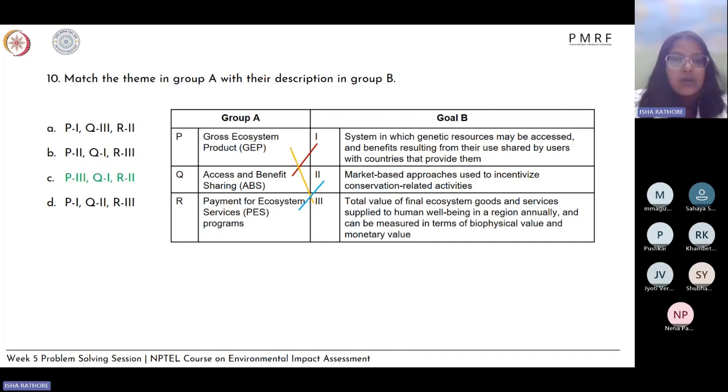So this is one of the aspects of the Convention on Biological Diversity, CBD, which is the access and benefit sharing. So Q matches with 1. And then the payment for ecosystem services, PES, programs. These are market-based approaches used to incentivize the conservation-related activities. So R matches with 2. So the correct answer is C. That is P matches with 3, Q matches with 1, and R matches with 2.